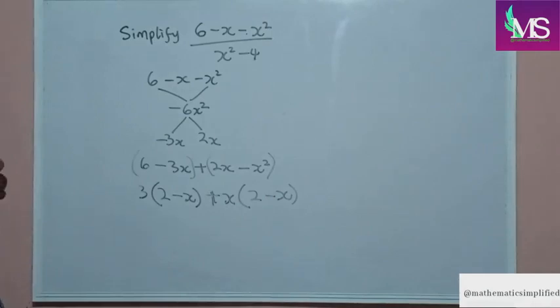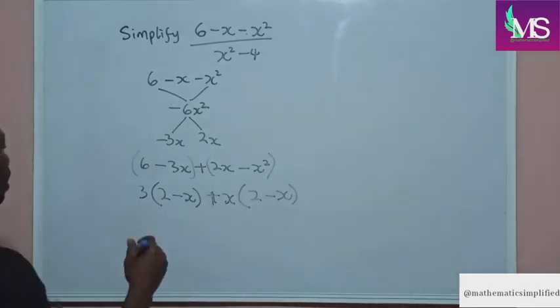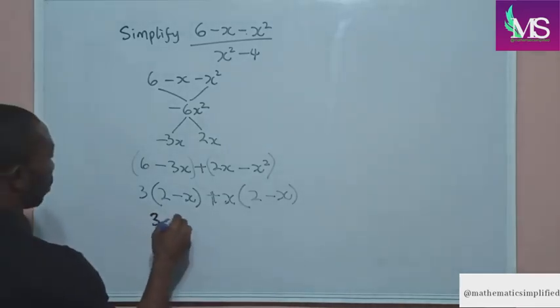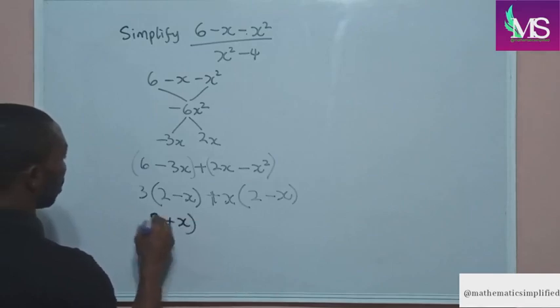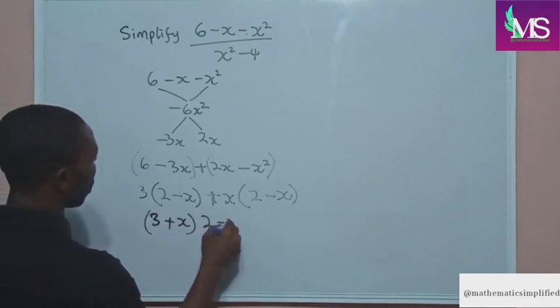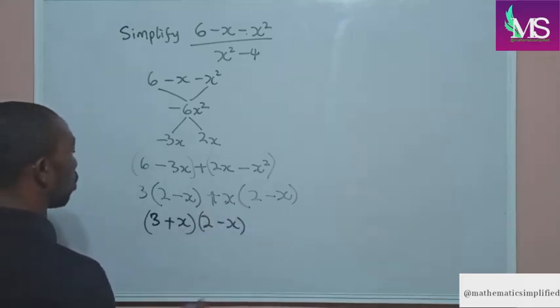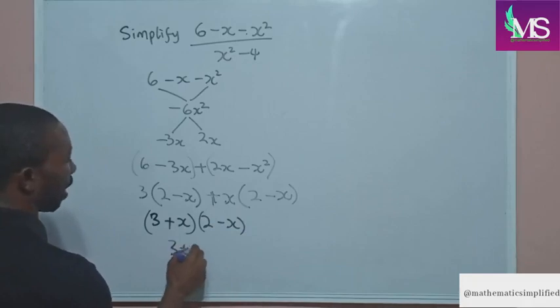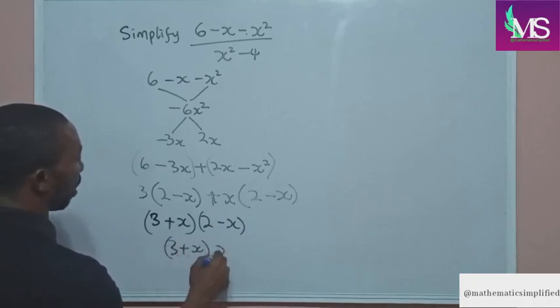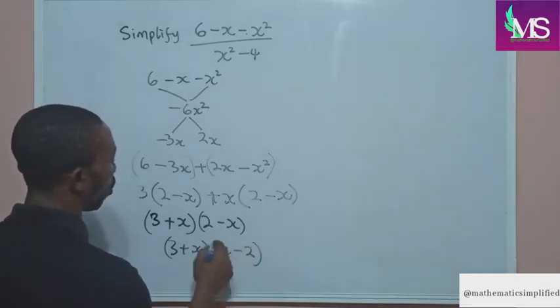Alright? Now, with this, we can now collect our terms together as 3 plus x and 2 minus x. But we can write this to become 3 plus x and x minus 2. How?